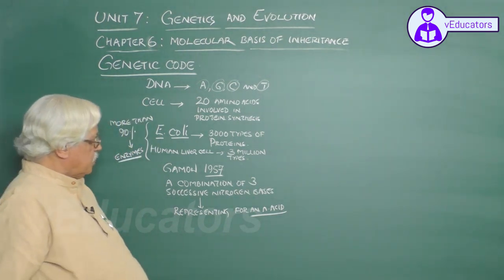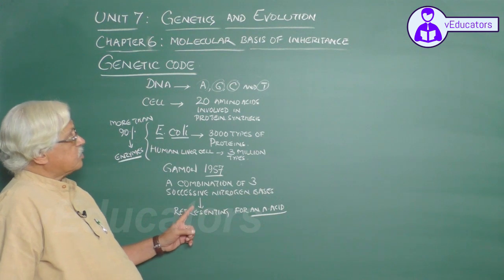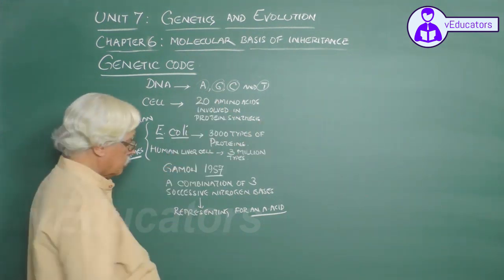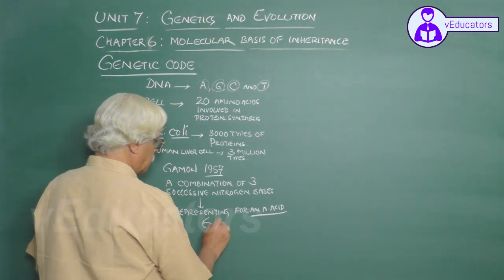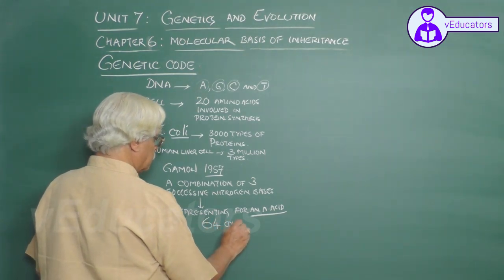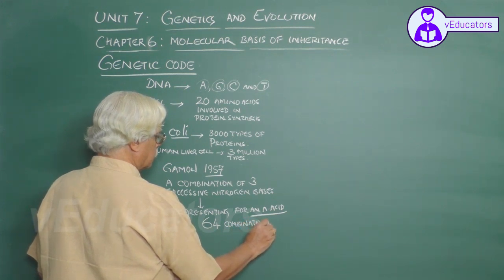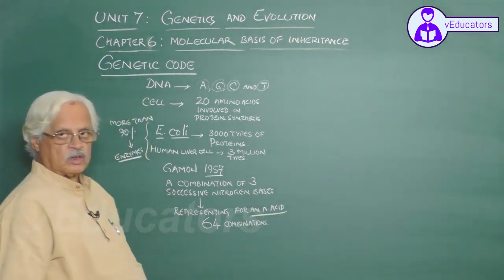So if it is a combination of three successive nitrogen bases, 4 into 4 into 4, 64 combinations are possible.